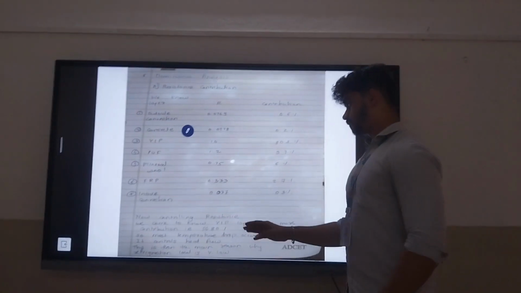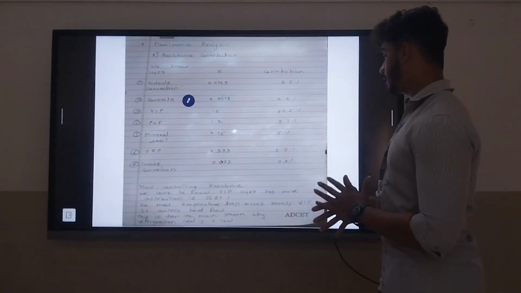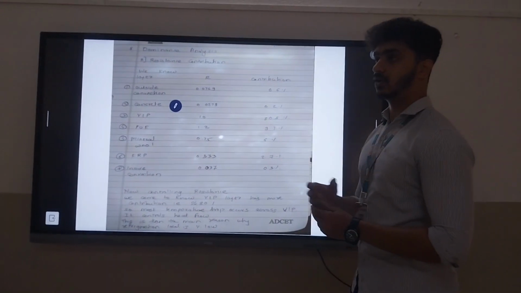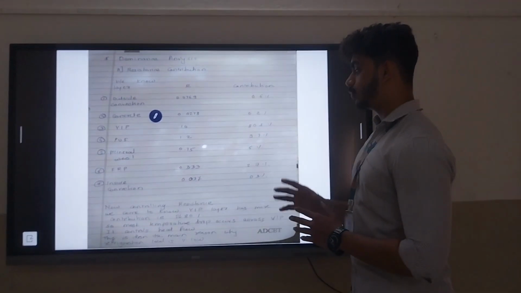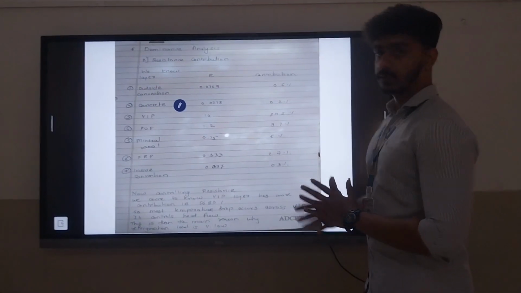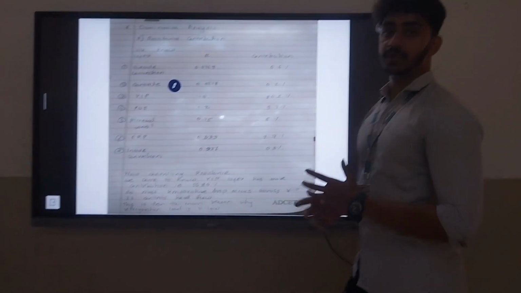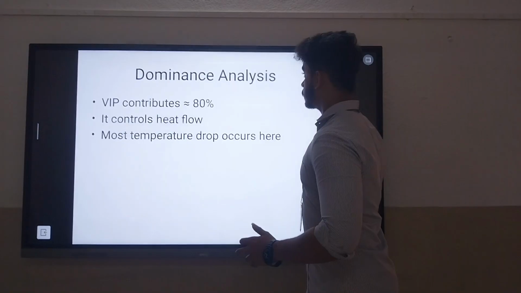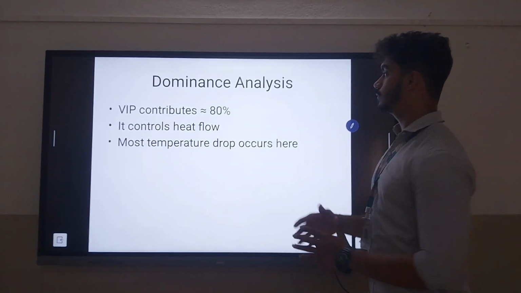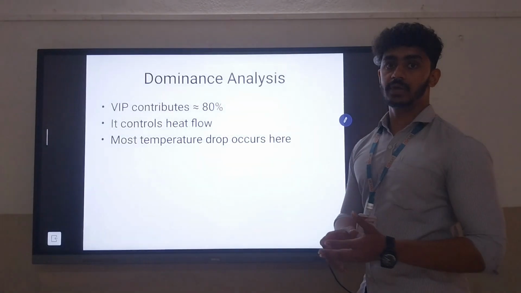So in controlling resistance, the VIP layer has the most contribution, around 80%. So most of the temperature drop occurs across the VIP. It controls heat flow, and this is the main reason why the refrigeration load is very low.